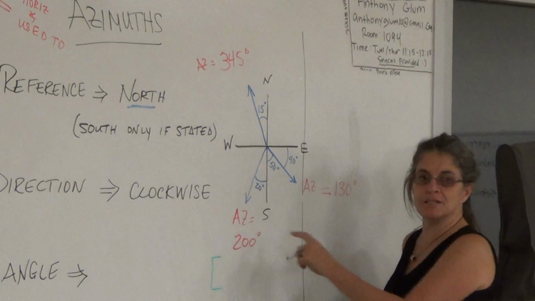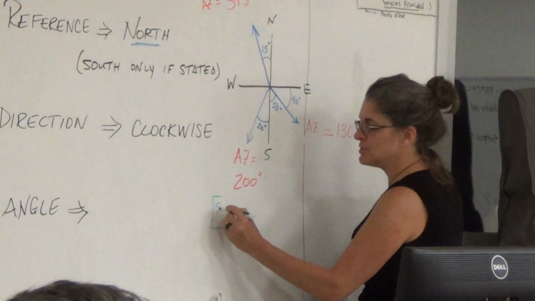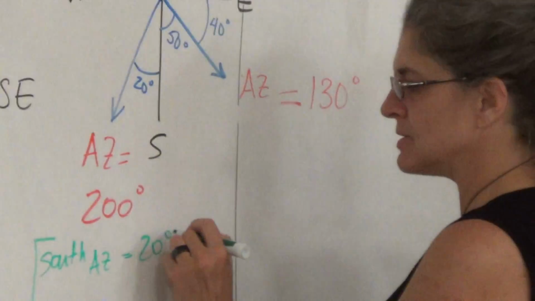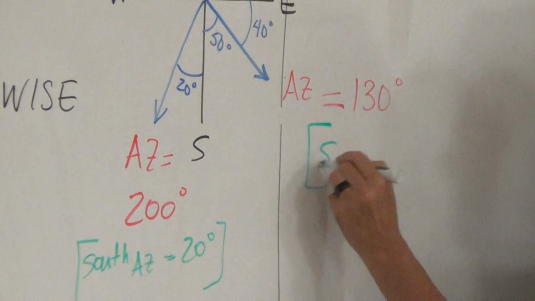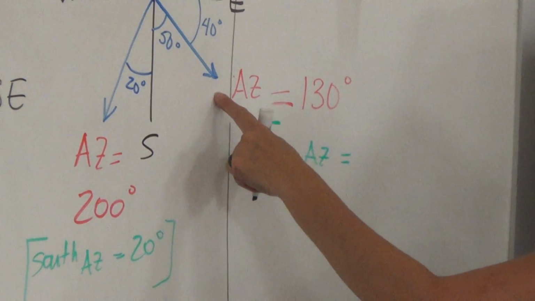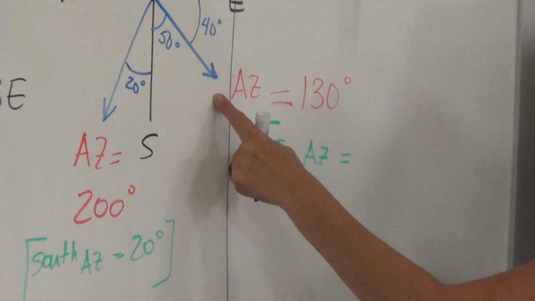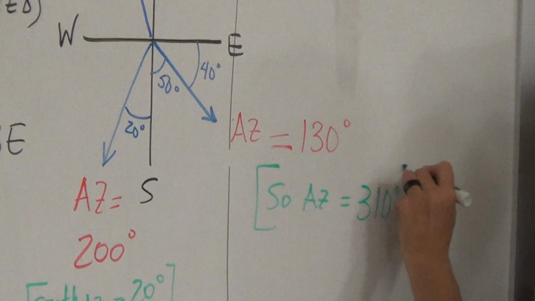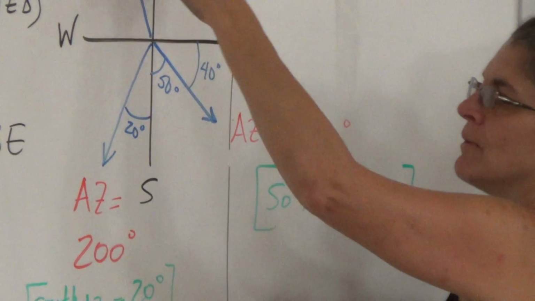So if you just say azimuth, it's always the north. But if you say the south azimuth, it would be 20 degrees here. What's the south azimuth of this one? 310, because you have to go all the way around.